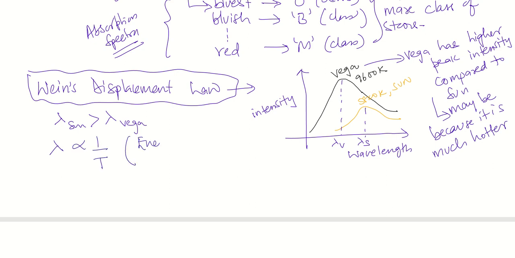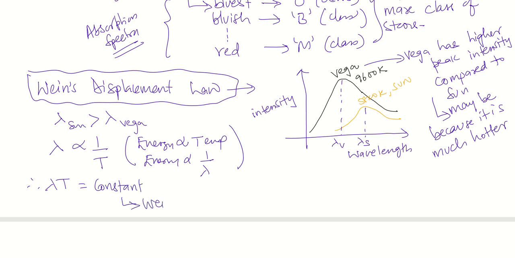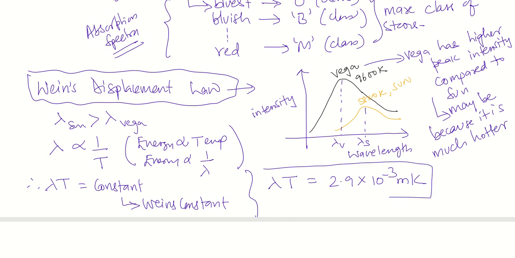Why? Because energy is directly proportional to temperature, but energy is inversely proportional to wavelength. So lambda is inversely proportional to temperature. Therefore, lambda times T has to be a constant, and that constant was named Wien's constant. So the formula became lambda times T equals 2.9 times 10 to the power minus 3 meter kelvin. This is given in the data booklet.